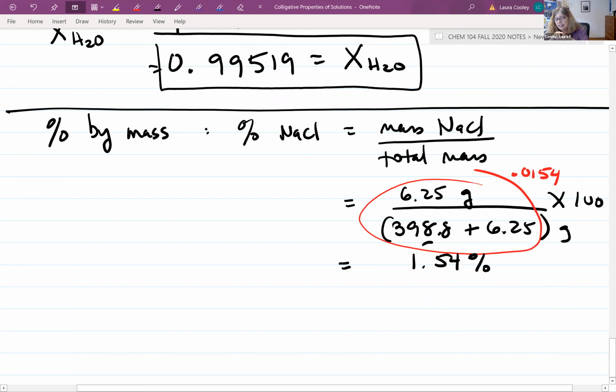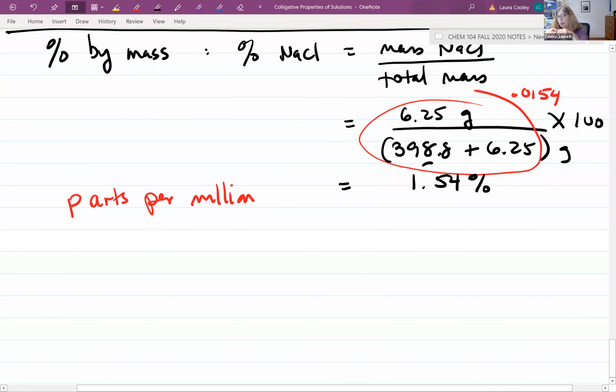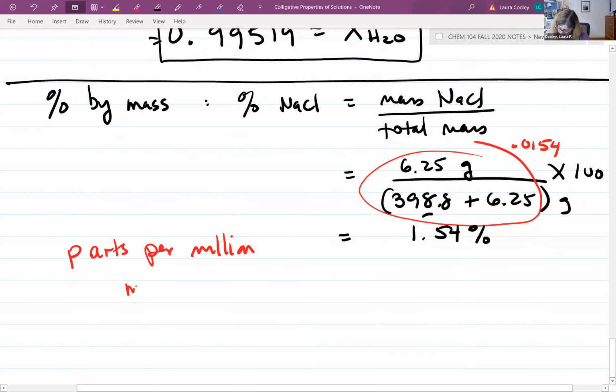All right. Now, there's another thing which we call parts per million. We often do this with very low concentration solutions. But to get a part per million, you do exactly the same thing as you do here: the mass of NaCl divided by the total mass. But instead of multiplying by 100 as you do for a percent, you multiply by a million.